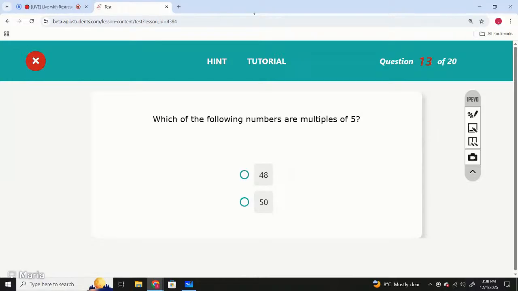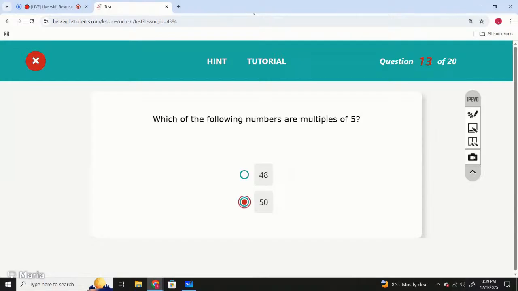Which of the following numbers are multiples of 5? The multiples of 5 are 50.